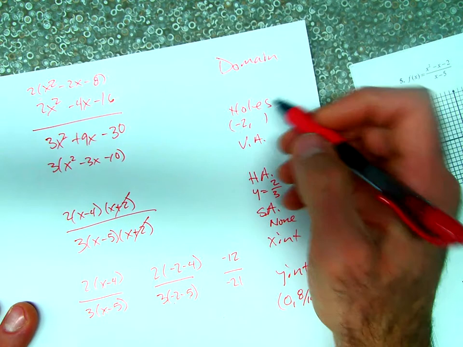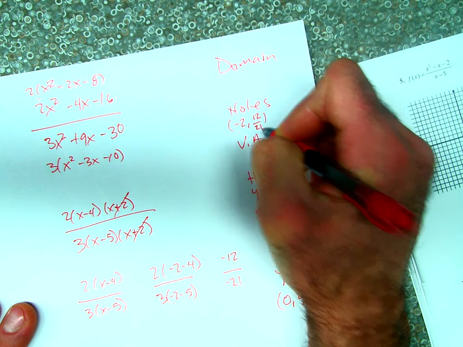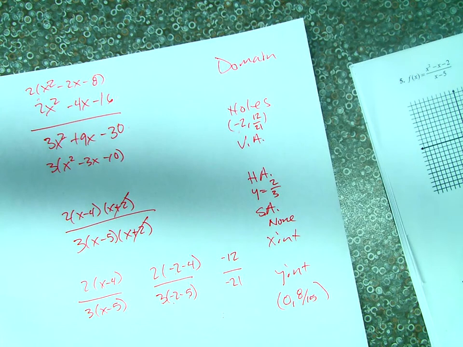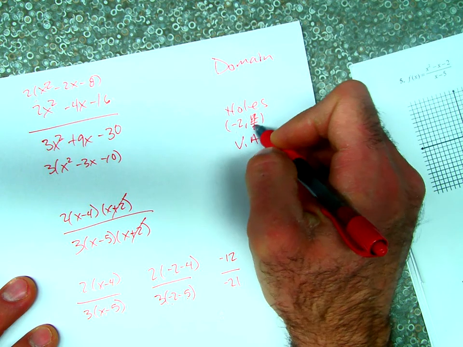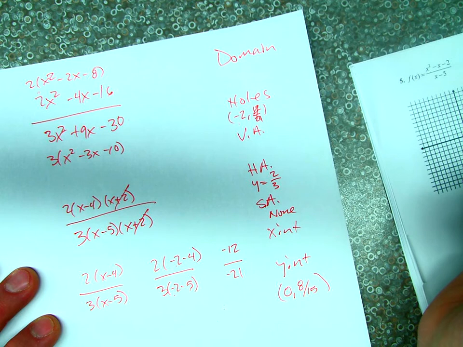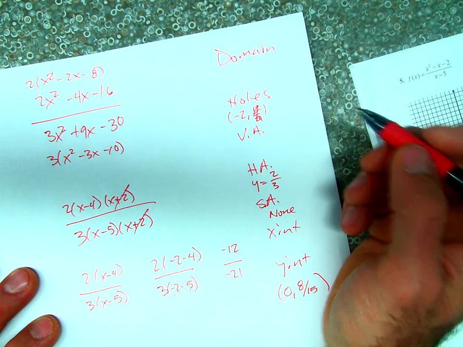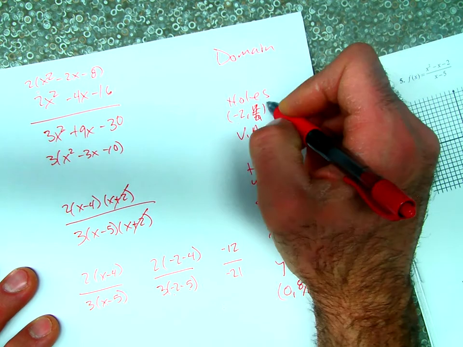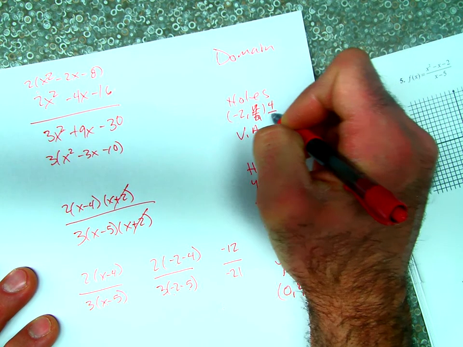So the y value for the hole is 12 over 21. We could take out a 3. Thank you. You're absolutely right. That would be 4 over 7. That's much better.